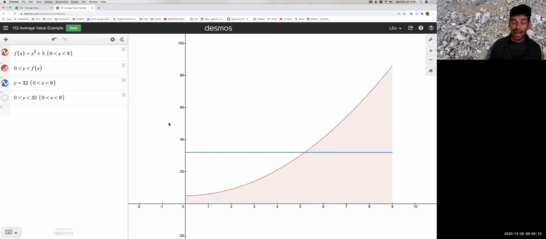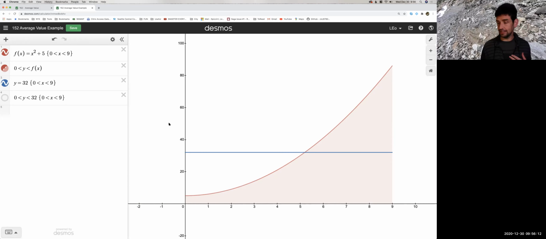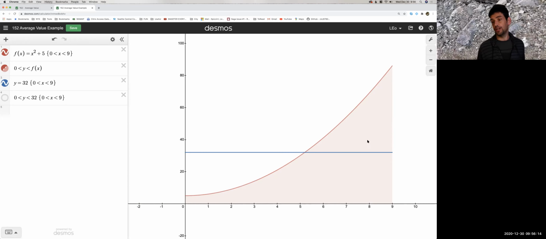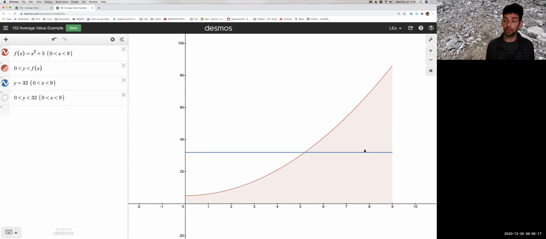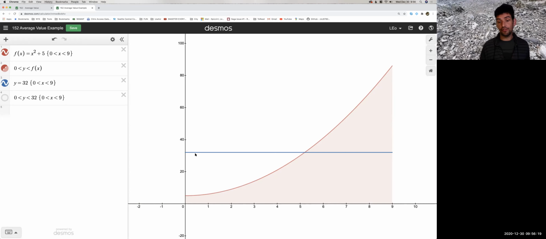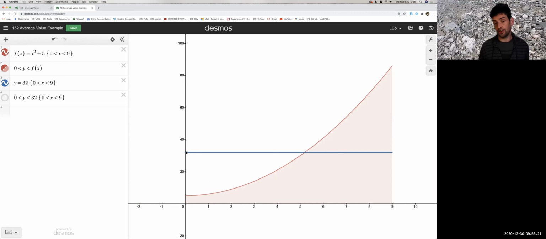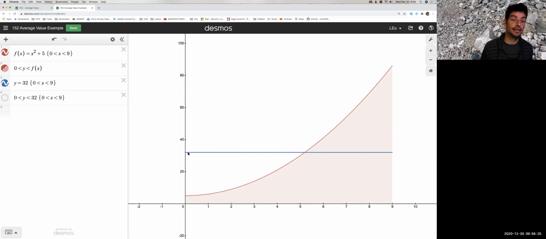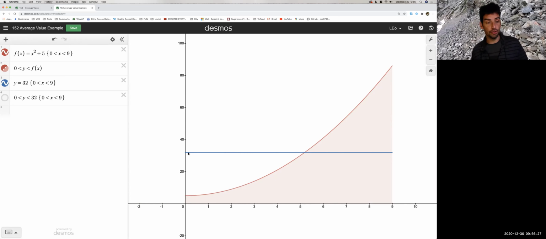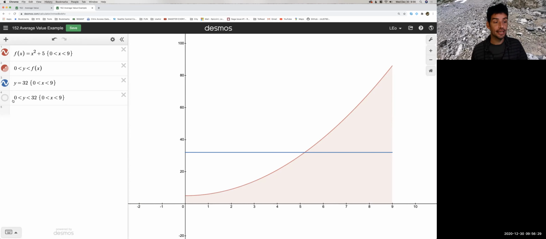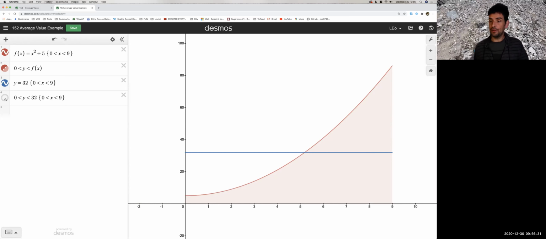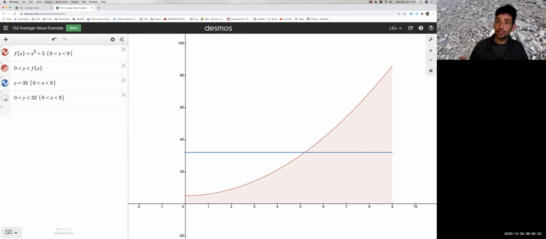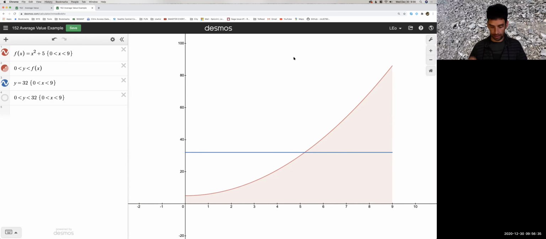I just spent some time connecting for us this area under the velocity curve to the distance traveled. Well, if this car, let's call these cars now, if this one was traveling at a constant speed of 32 meters per second, it's as if the average velocity of 32 meters per second.